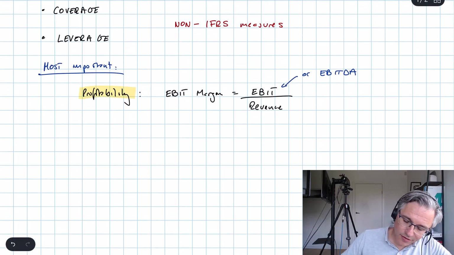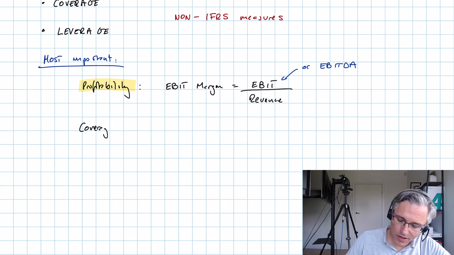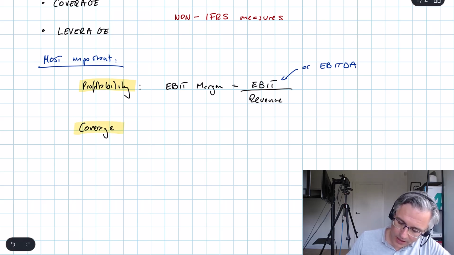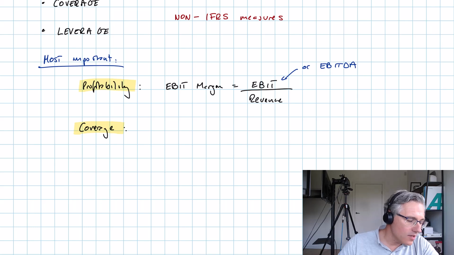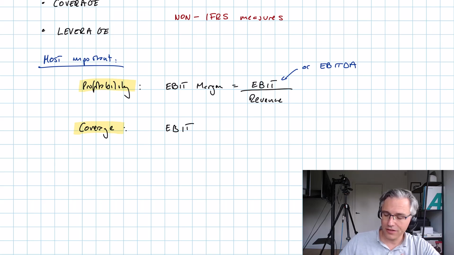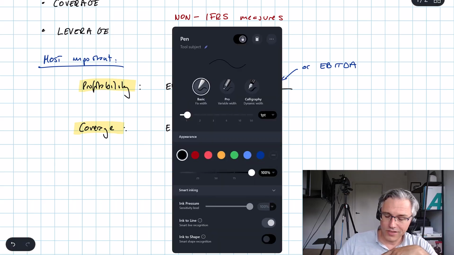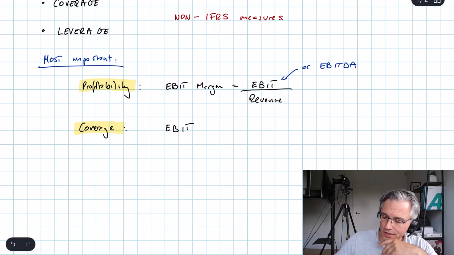Now, the next group, coverage ratios, slightly more tricky because these are somewhat less known. Once again, lots of different variants of how we measure coverage exist. However, one ratio which your curriculum focuses on here is the relationship of EBIT, so once again, earnings before interest and taxes, or simply operating income, operating profit, and the interest expense.